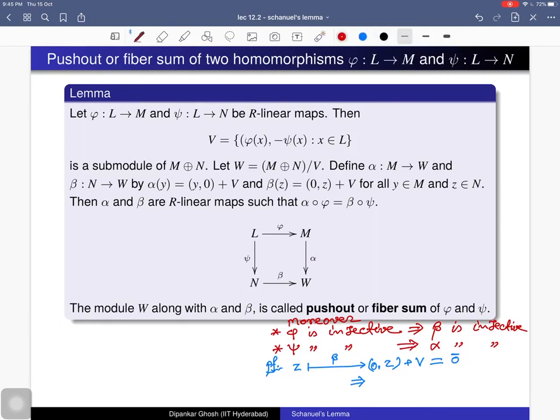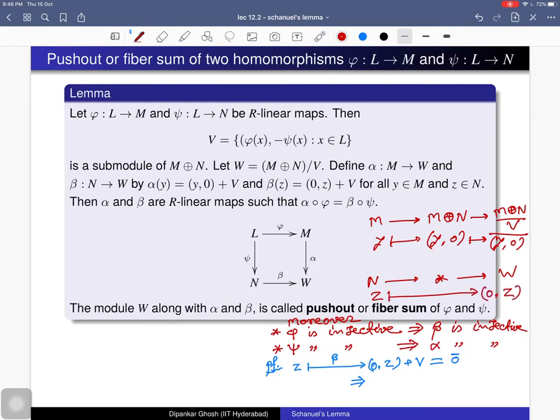From M to M direct sum N we have a natural map, mapping y to y comma 0, and then from M direct sum N to the quotient module modulo V, we map this element to its equivalence class, the class of y comma 0 modulo the submodule V. Just by taking the composition of these two maps we get a map from M to W. This is our alpha, and in a similar way we can define a map from N to W. It sends z to the class of 0 comma z.